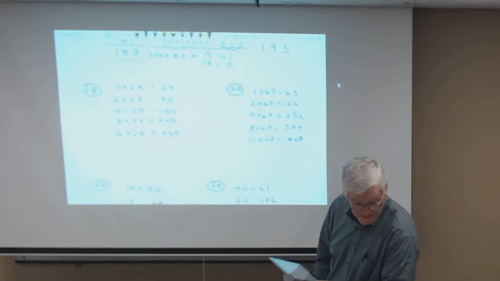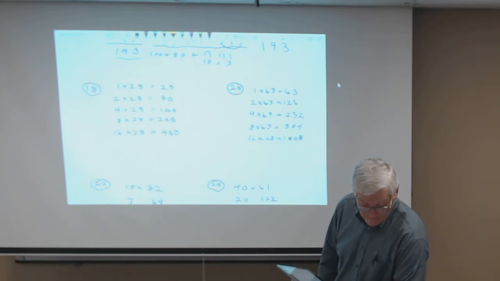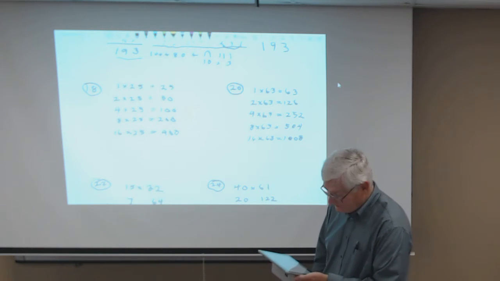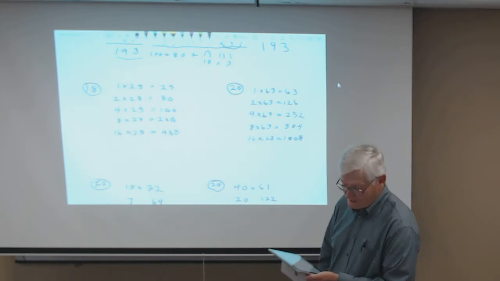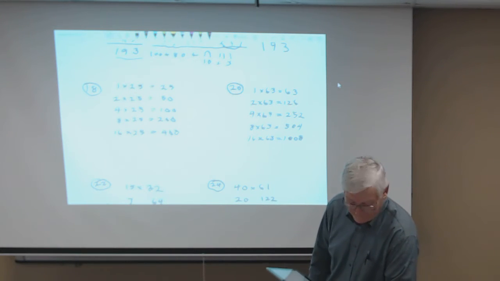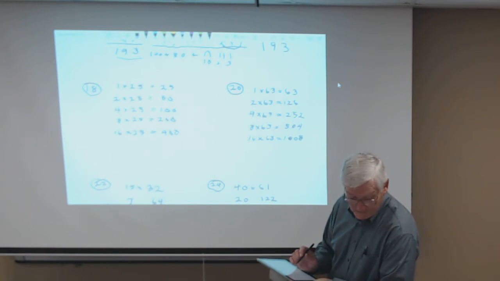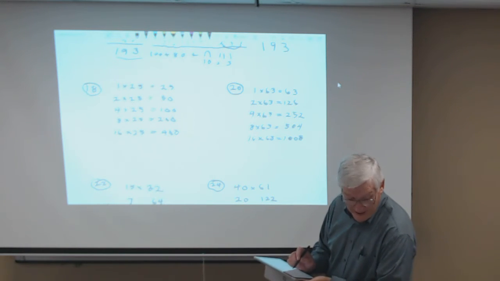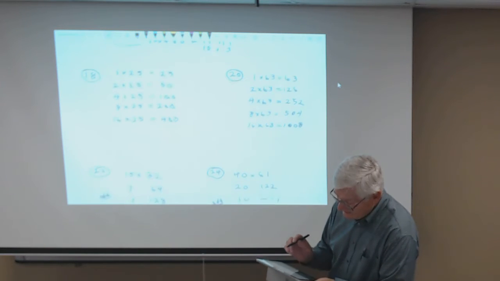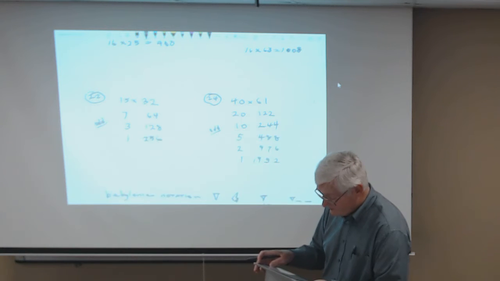Number 18. Use the Egyptian method of successive duplications to find the product. What page is that on? That's on page 185. Now, my problem is 18. 18 says, whoa, get this thing back down there.